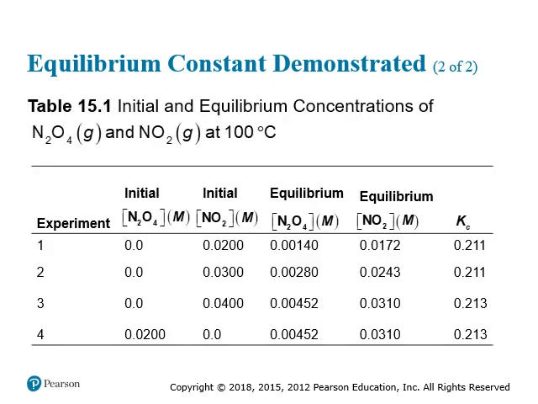Now, again, these four experiments were performed with varying initial concentrations of N2O4 and NO2. Under each set of conditions, the reactions were allowed to reach equilibrium. And in these four instances, we see different equilibrium concentrations of N2O4 and NO2 achieved.